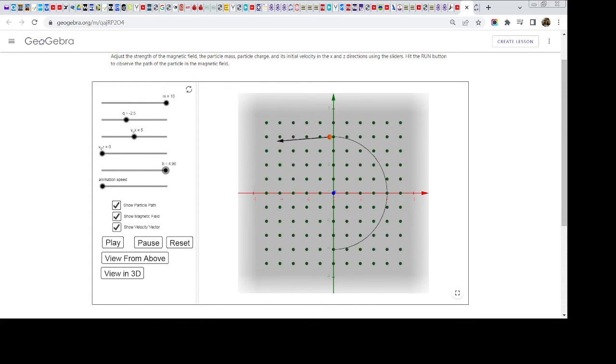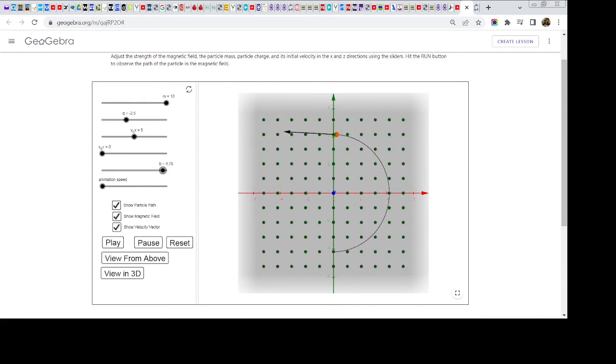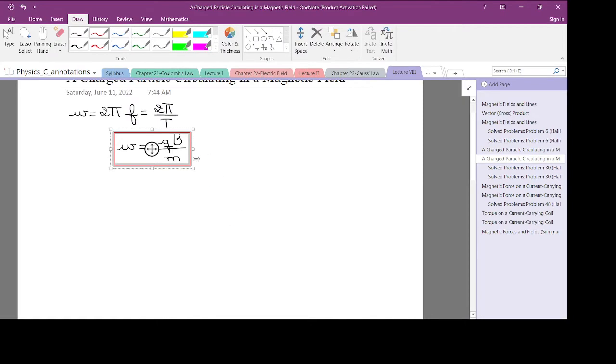See, you can change the field, you can change the mass to see how it's going to affect the circular motion, and you can change the charge. Oh my god, positive. See how it's affecting. But we have the analytical expressions to calculate quantitatively how it's going to affect. So this is qualitative analysis, right? But we have those for the quantitative analysis.